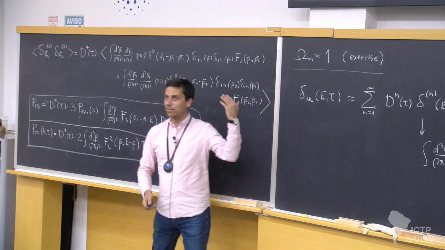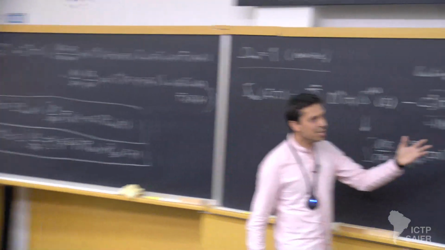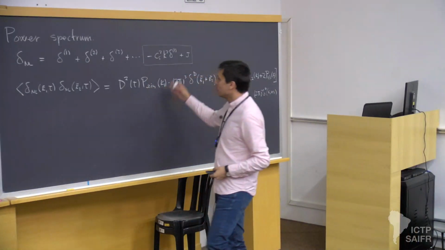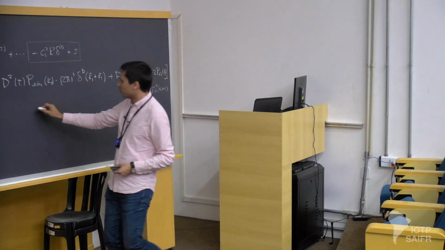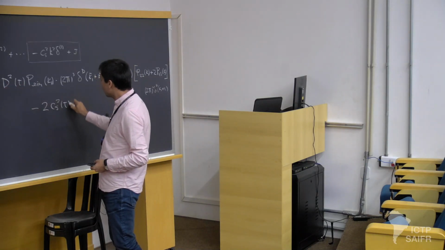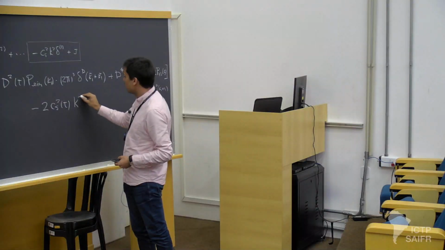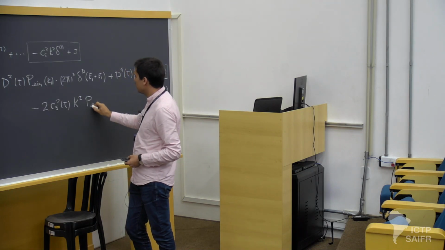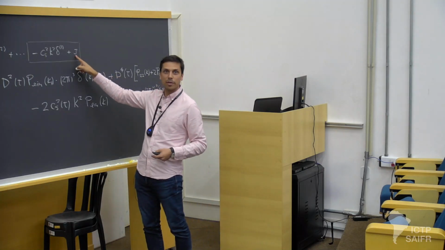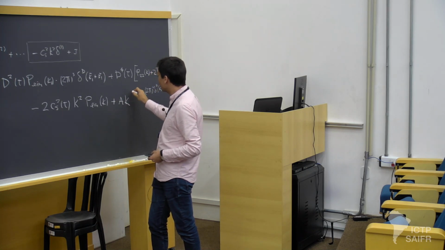We derived that in some other way, but now we see that even in the explicit calculation, there is a need for some extra pieces. In fact, if I go back here, there is an extra contribution to the nonlinear power spectrum, which is minus 2 times c_s squared of tau, times k squared, times P linear of k. And there is another contribution which comes from here, and we said that this contribution is some amplitude times k to the 4.